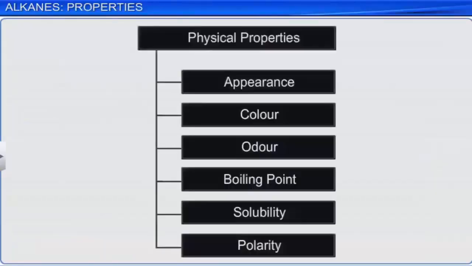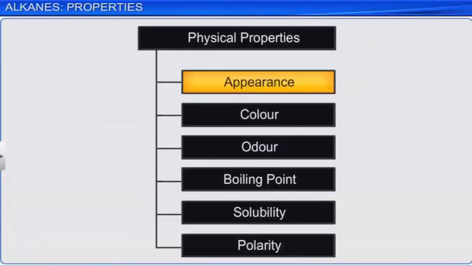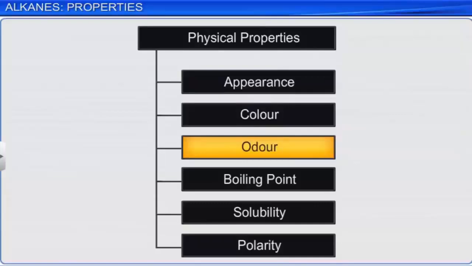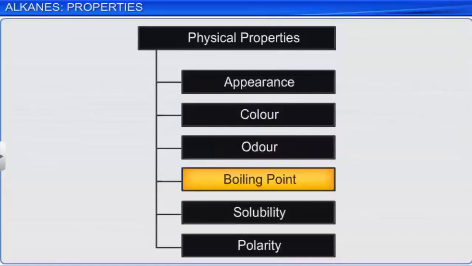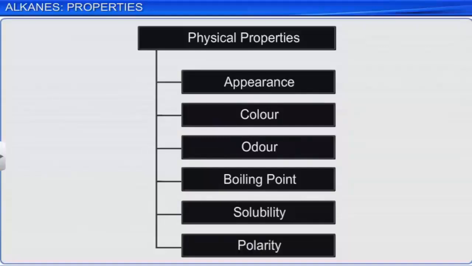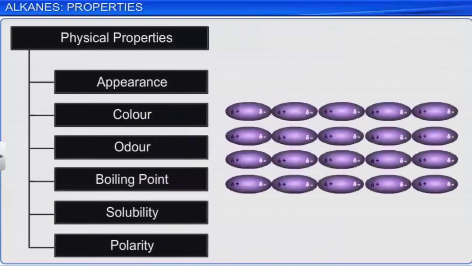First, let's look at the physical properties. These include appearance, color, odor, boiling point, solubility, and polarity, among others. These properties depend on the attractive forces working on the molecules.